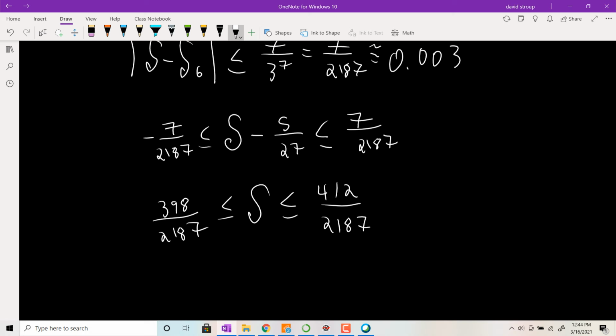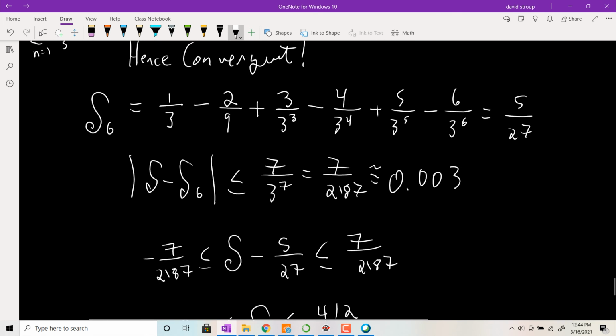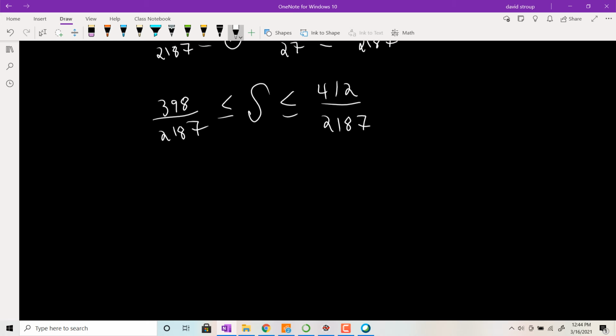The other type of problem is where they want you to come in underneath some sort of error. So in this problem, we want to find the number of terms necessary to have error less than 0.001.